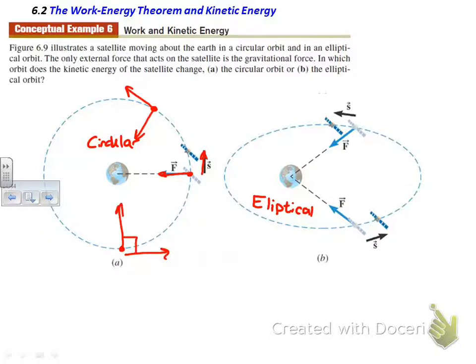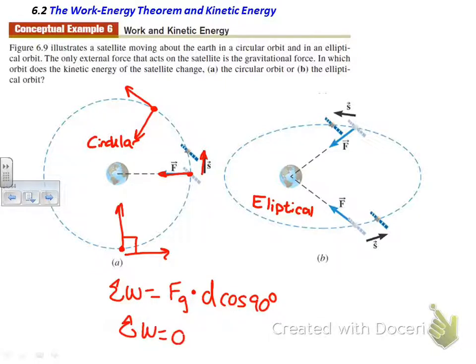Which means when we try to find the net work being done, we're going to end up with the force of gravity, which is the only force acting on it, which is the net force, times the displacement, however far it goes, times cosine of 90. So the net work is 0, which means the change in kinetic energy is also going to be 0, which means as an object moves around a circular path, its kinetic energy is constant.